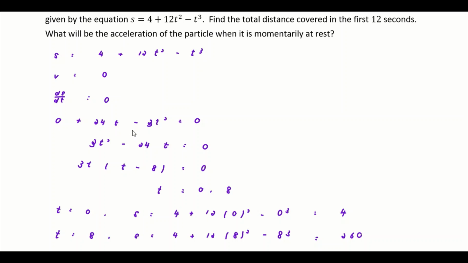Make sure that you are taking the one without bringing anything to the other side first, because this is your ds/dt. You can change it to the other side because you are solving it equal to 0, but the expression is this one. So make sure that you don't take the positive 3t squared. When you do this, you'll be able to get 24 minus 6t.